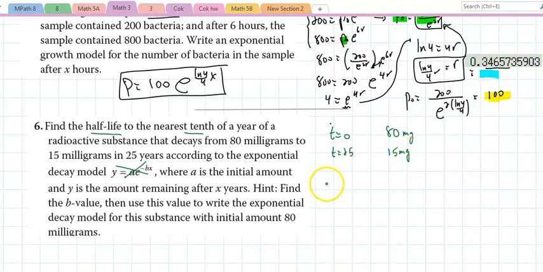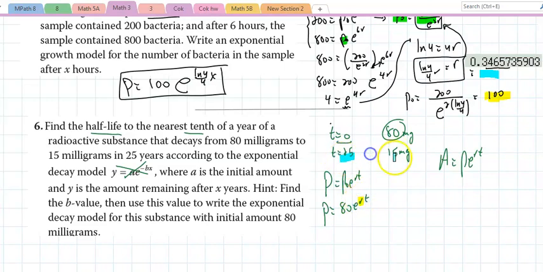Well, this is what I need. I need to come up with the equation. I need to know that they use P equal P naught e to the rt. Again, A equal P e to the rt, no difference. What do you start with at time equals 0? 80. So P equal 80 e to the rt. The only thing left to find is r, and that's where this information comes in handy.